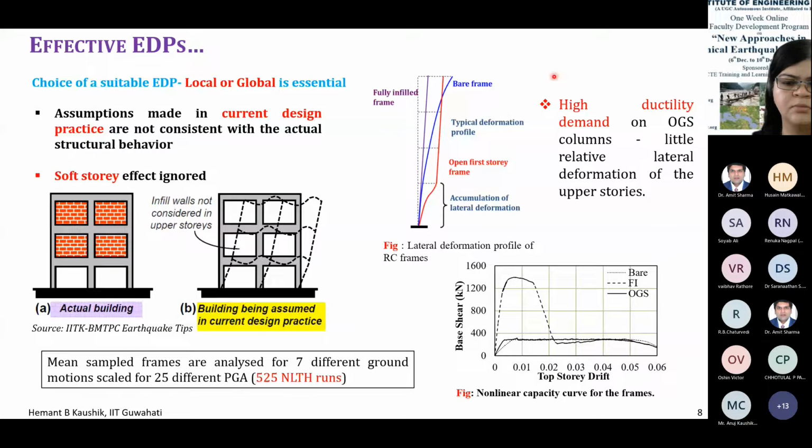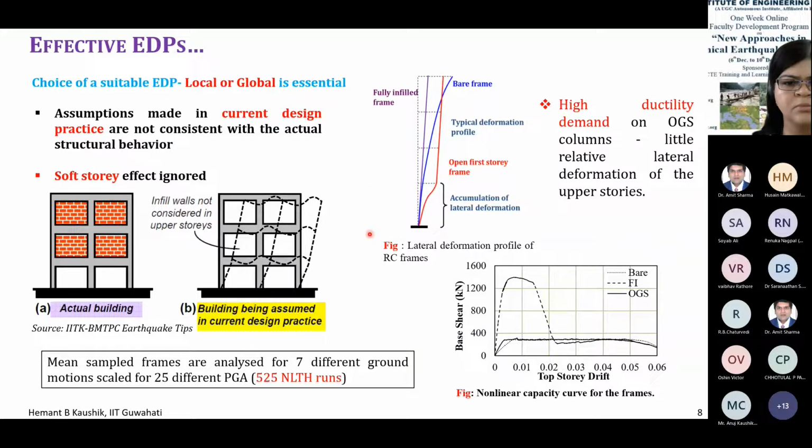And this is what I was mentioning, that when you apply a lateral load at the top, the lateral deformation of the open ground story frame is such that you have a huge accumulation of all these deformations here only. And the upper floors generally don't deform much.